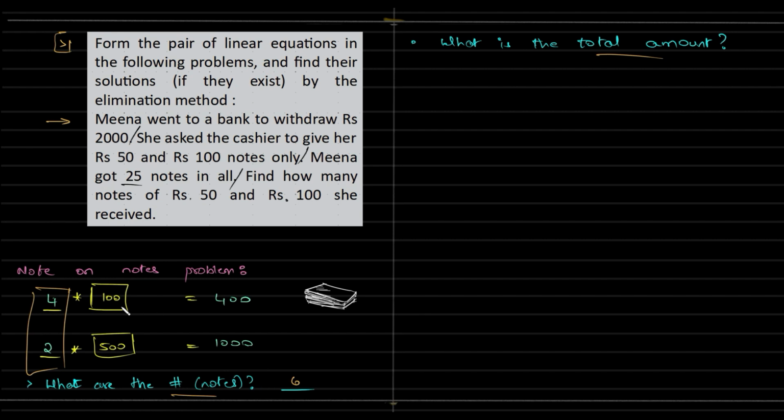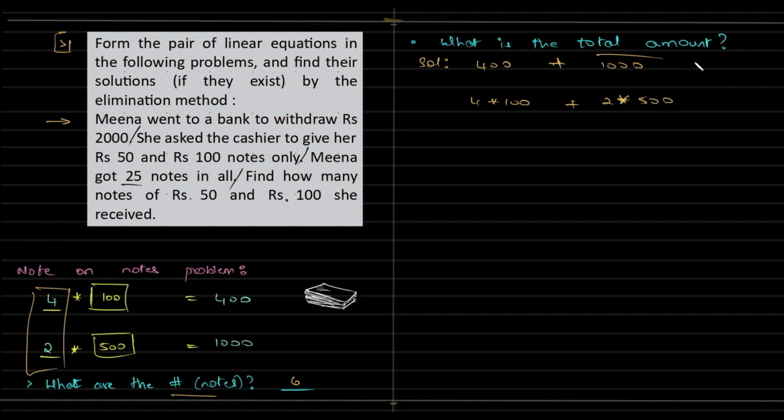We are not looking at the denomination over there. We're just counting the sheets. Notes are nothing but sheets, a fancy sheet, but still a sheet. So number of notes has to do with counting the paper. Well, the total amount here will be how much? 400 plus 1000, which in turn can be written as 4 into 100 plus 2 into 500.